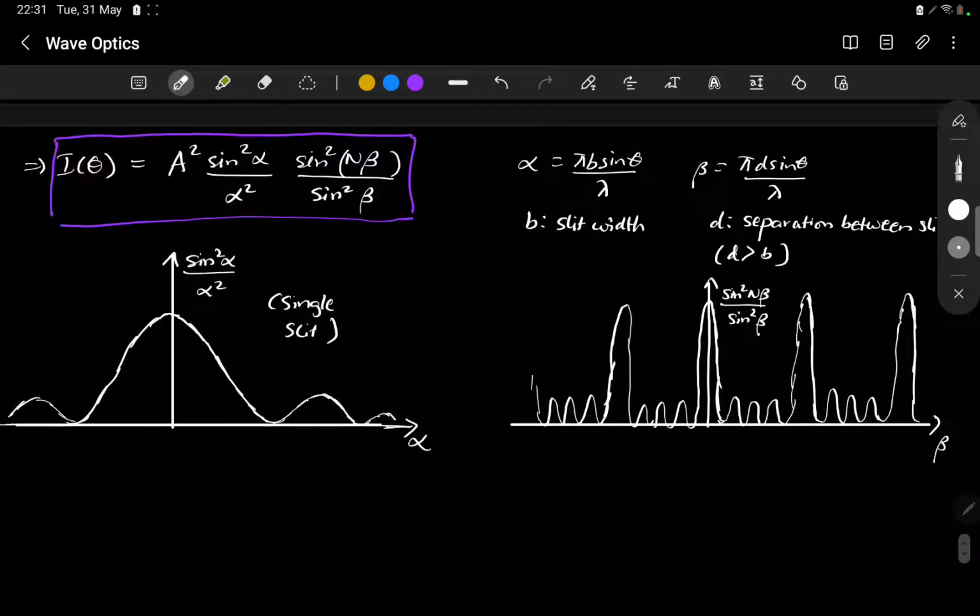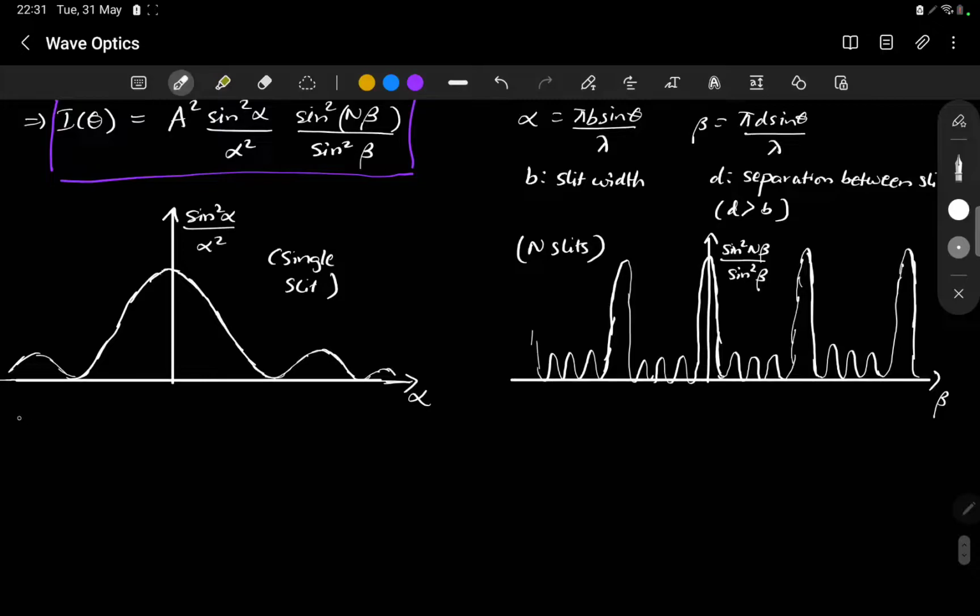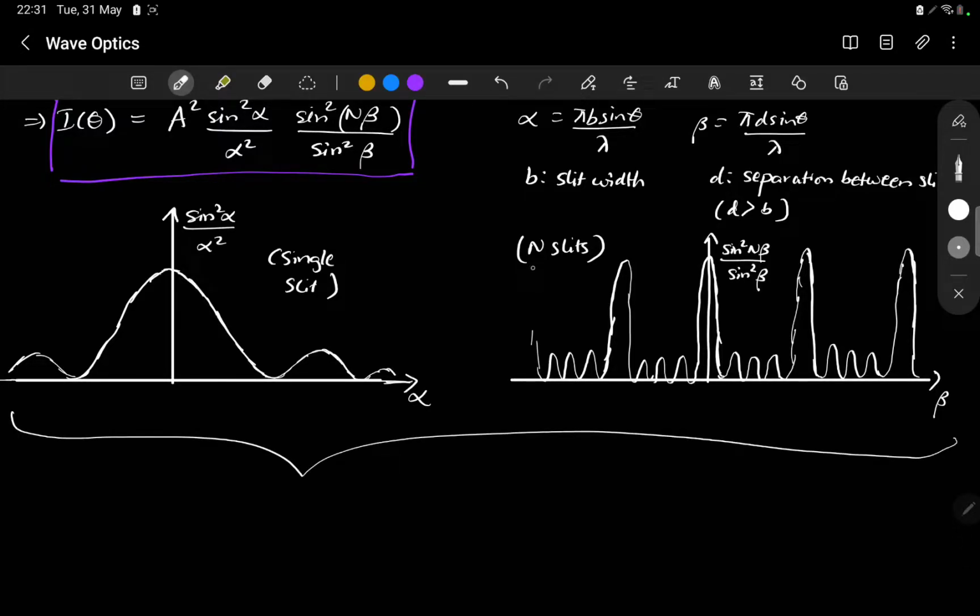Now the diffraction grating is a product, so this is N slits. The diffraction grating pattern is a product of single slit of finite width and N slits of infinitesimal width. So taking a product, you will get N slits of finite width, so this is N slits point sized, and this is single slit finite width.